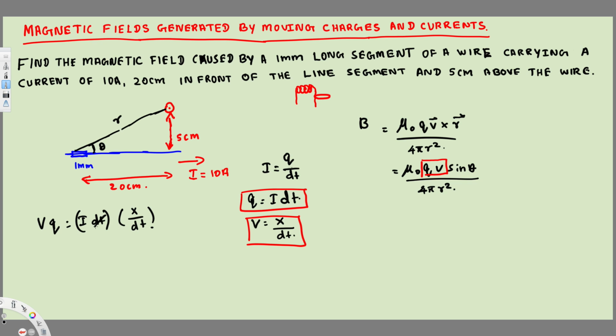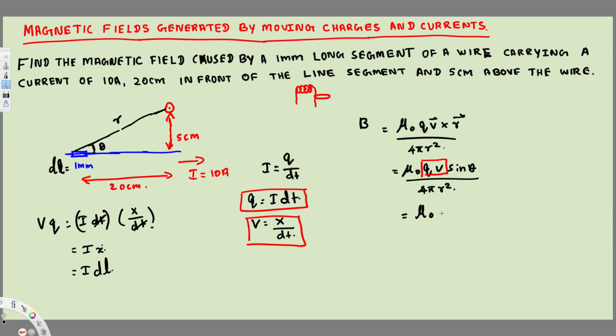If you notice, dt cancels, and we end up with I x. x is distance. Basically, we are interested in this small little segment right here. So that's going to be the distance. Let's say this is dl. dl is equal to 1 millimeter. So this is going to be I dl. So instead of v q, we can replace I dl right here.